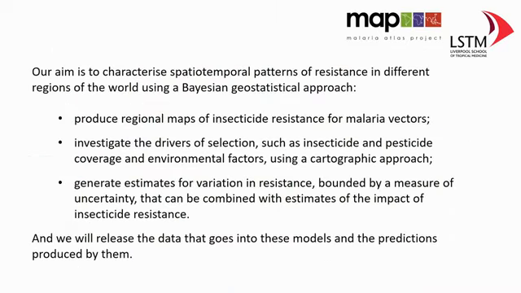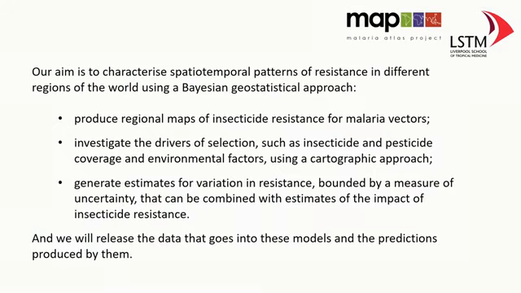Coming back, this is my very first slide, again fleshing out the points I've been talking about. We want to characterise spatial temporal patterns of insecticide resistance in different regions of the world using a geostatistical approach. So we're talking about regional maps rather than something global, and we want to look at the drivers of selection that I've just talked about.